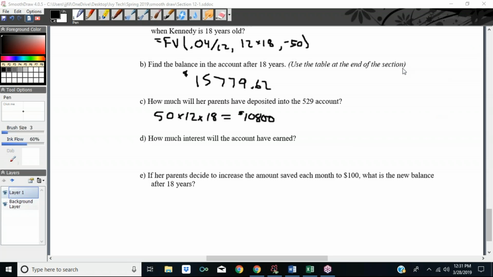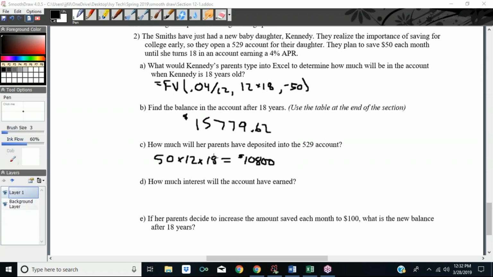All right, well, welcome back to the main room. Hopefully you had enough time to get those accomplished. So remember we were looking at the Smith family, and they were contributing $50 a month for 18 years to their daughter Kennedy's 529 college savings account. The balance after 18 years of doing that was $15,779 and 62 cents. The parents contributed $10,800. How much interest was earned?